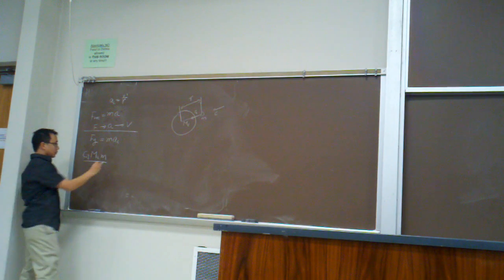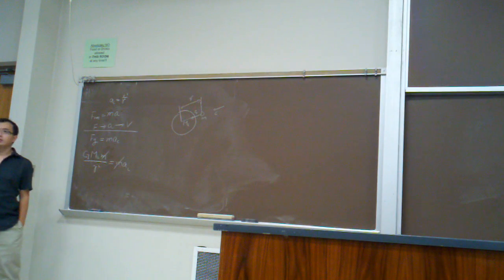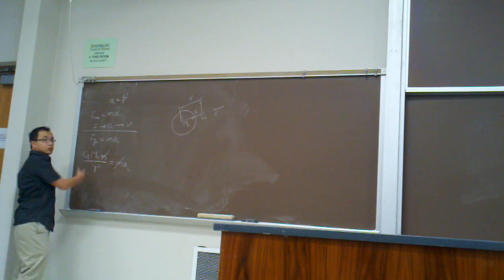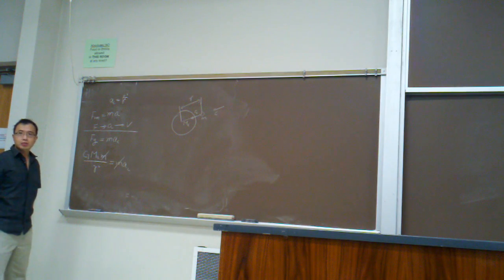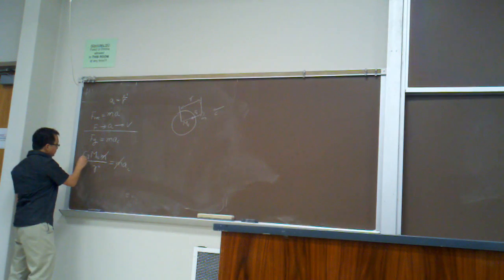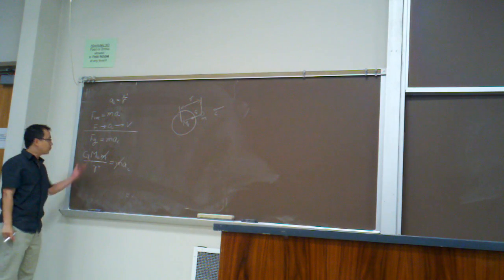Equals m a_c. So it cancels. Right? So you don't really need the mass of the satellite. And you need the mass of the Earth, it's a constant. And G is a universal constant, so you should be able to find the value for both of them.